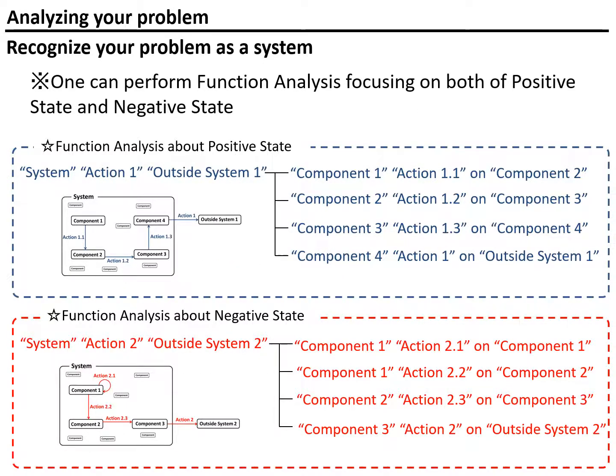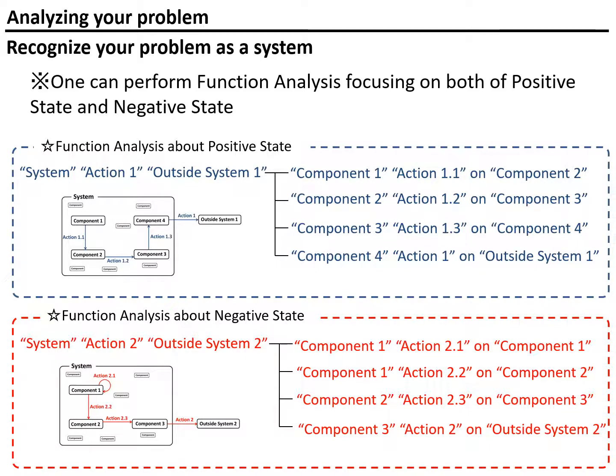One can perform function analysis focusing on both the positive state and negative state. So how is a positive state generated? The positive state could be described as a function: system, action 1, outside system 1. So this is subject, verb, object.